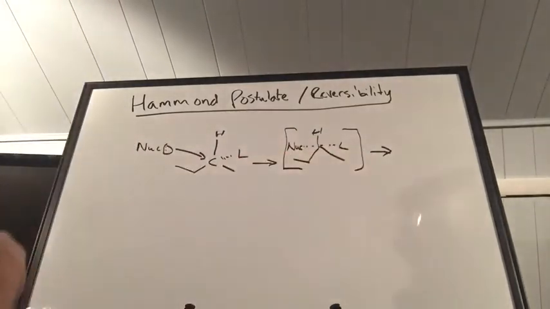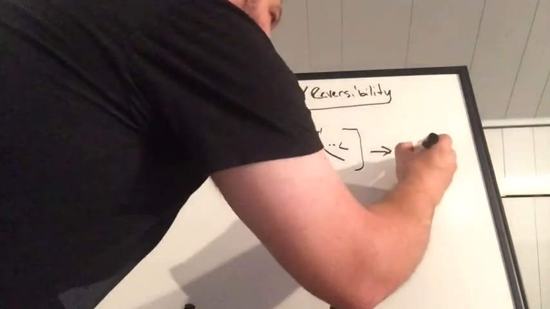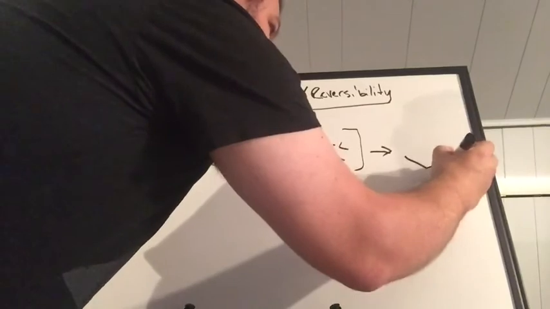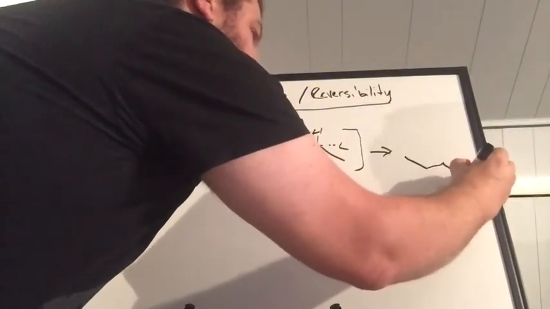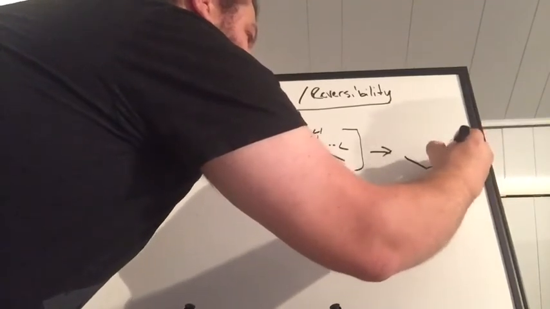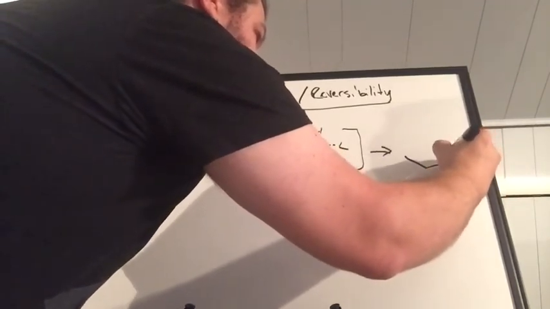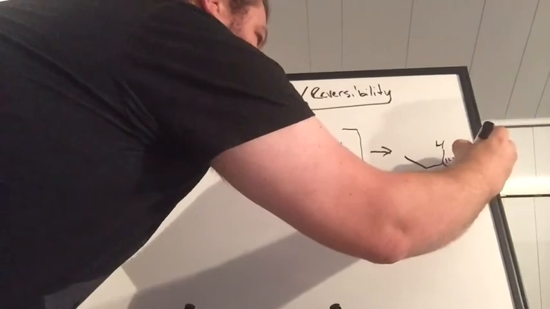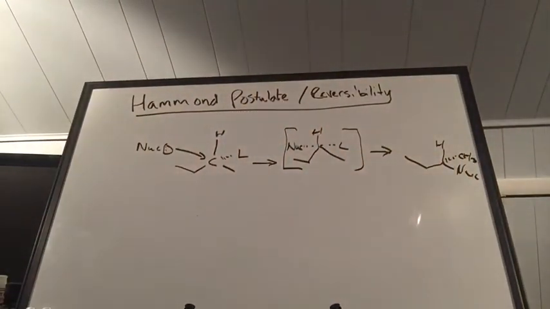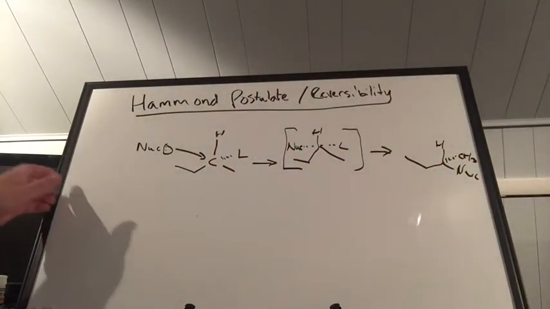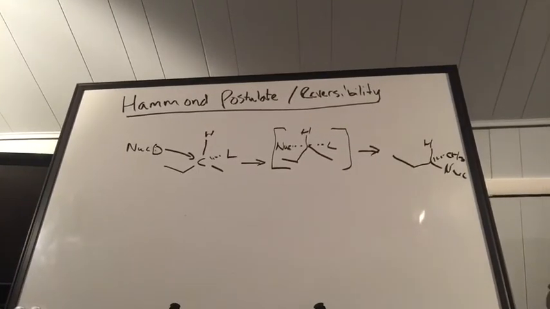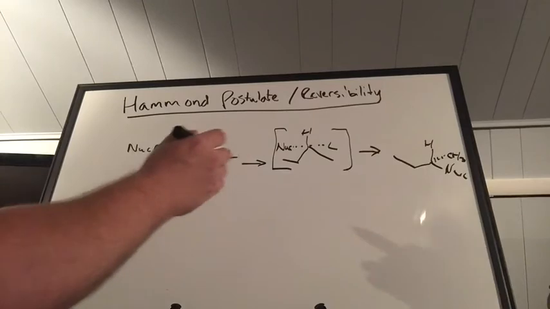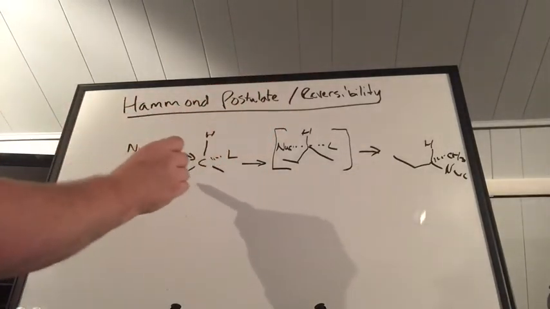So now we're going to generate our product, right? We're going to have a nuke on the other end there. Running out of space like always. Okay, so it's really going to look more like the reactant.